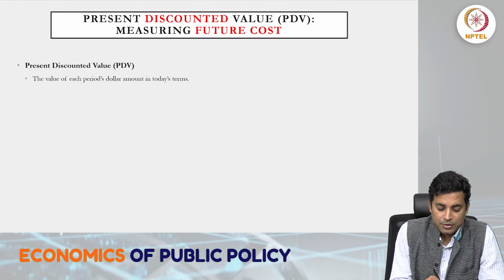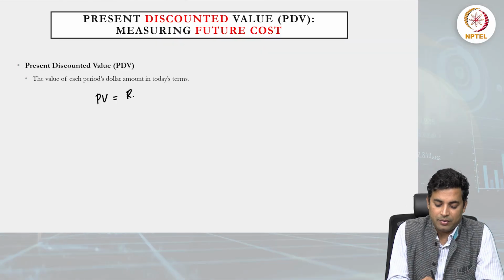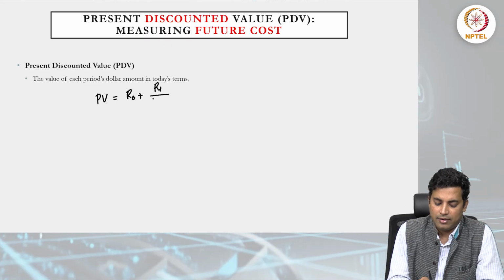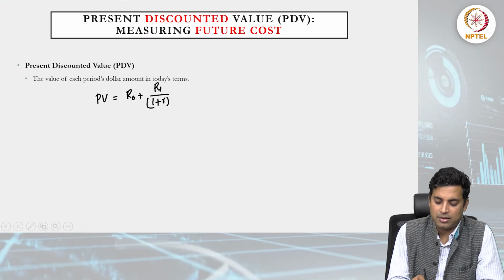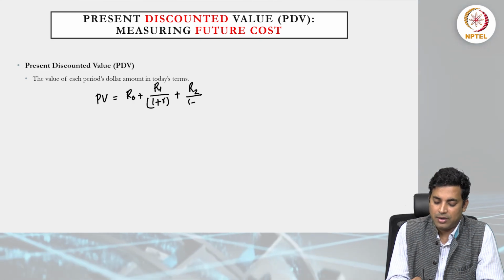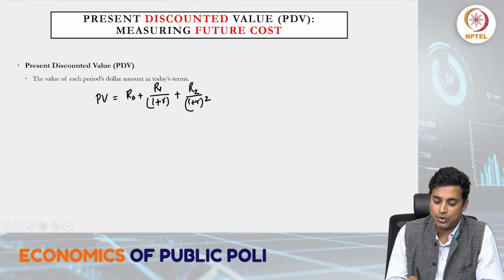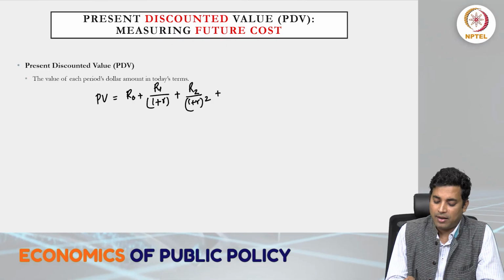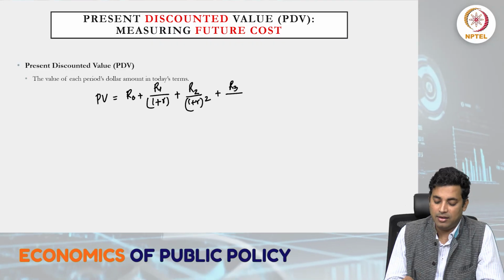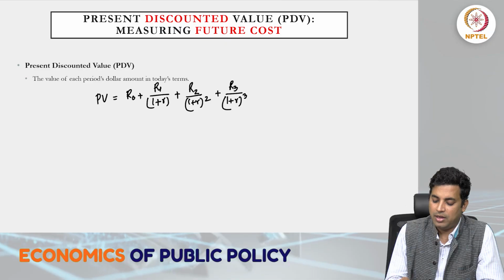So the present value could be the return at the 0 period, and then the return in the first period, R1 divided by 1 plus the rate of interest, and then R2 divided by 1 plus R whole squared, plus R3, the return that we get in the third year, divided by 1 plus R to the power 3.